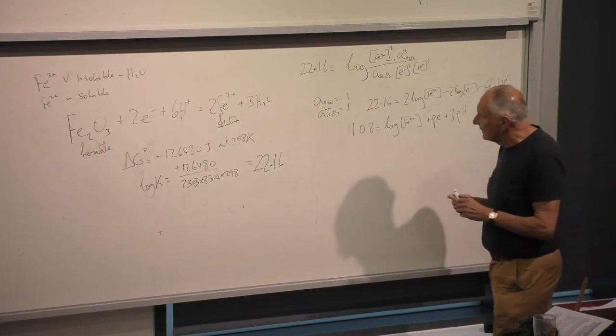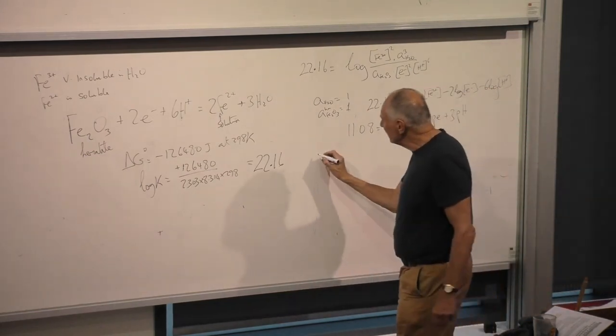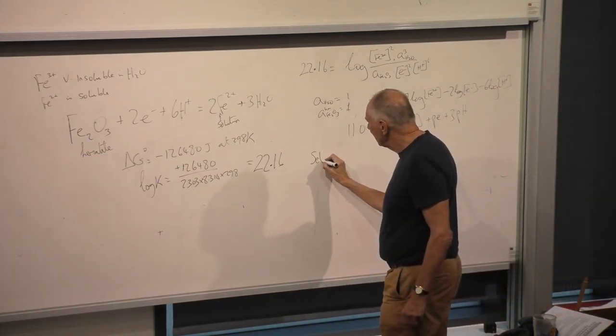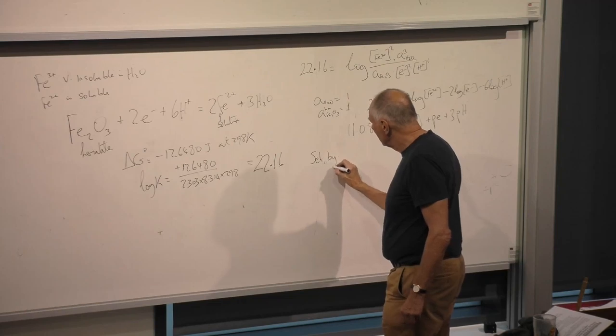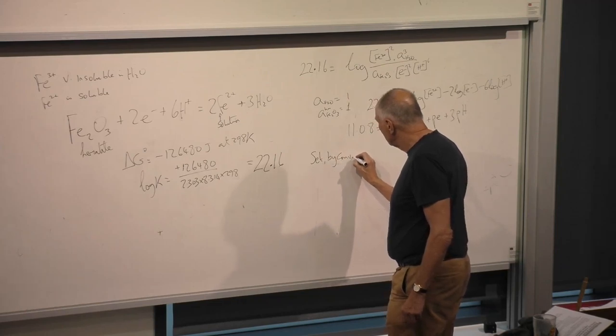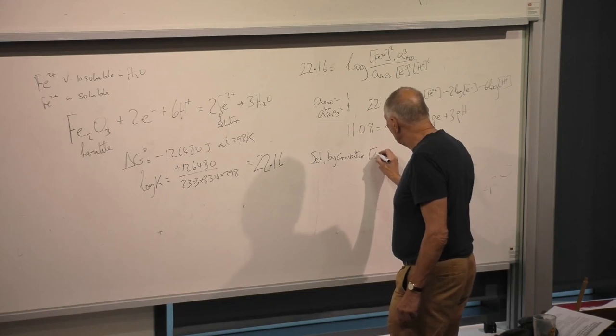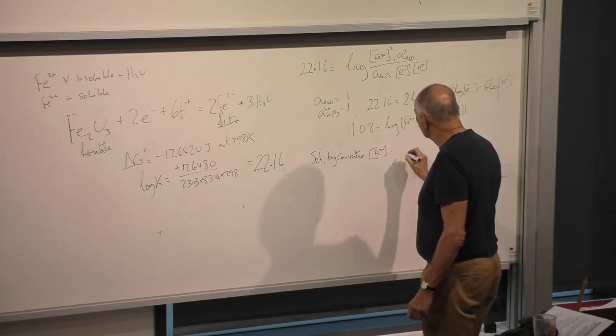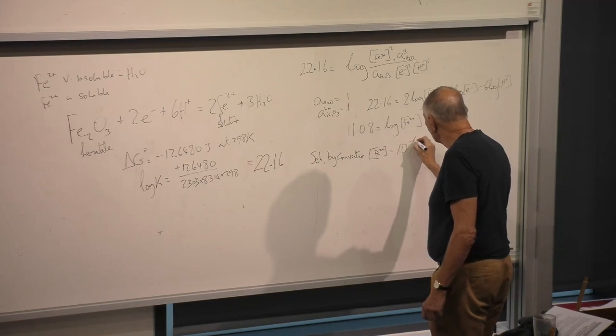Okay? So we set, by convention, Fe2+ equals 10 to the minus 6.